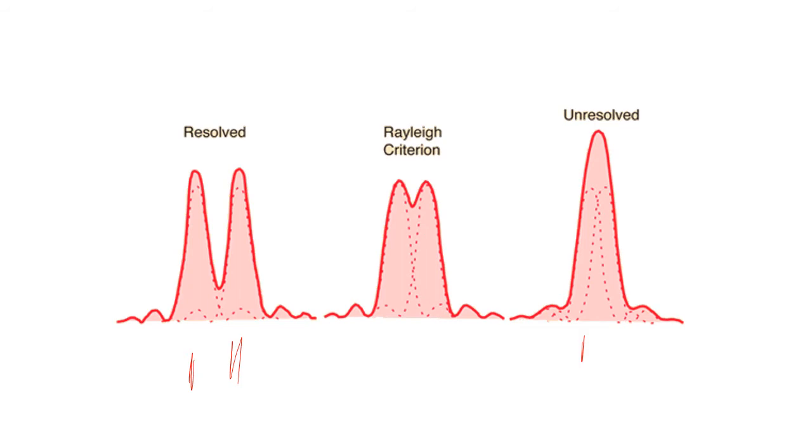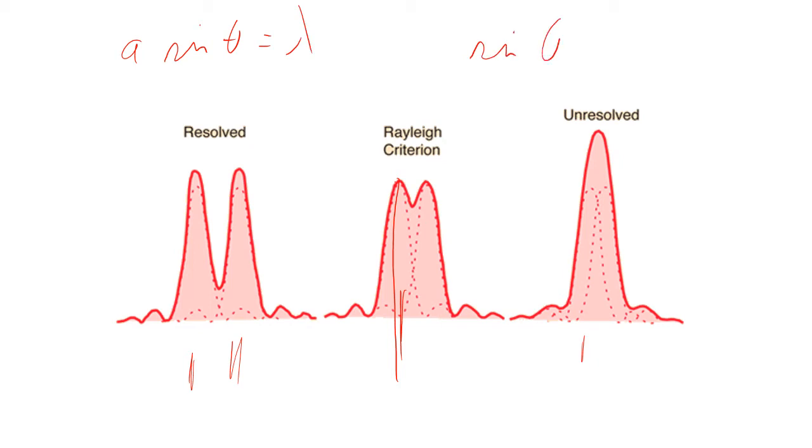The Rayleigh Criterion occurs when the peak of one lines up with the first minimum of the other. So we would say that the minimum resolution distance would be, remember, the minimum occurs when A sine theta equals lambda.